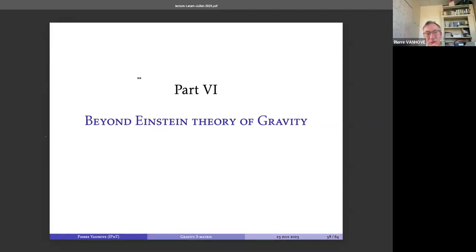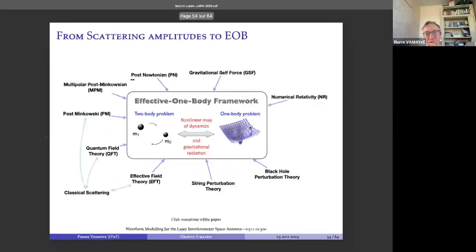So I'm concluding, so let me summarize what I have explained. There is a quantum field theory formalism that exactly computes what you want to compute in classical GR in the post-Minkowskian expansion.